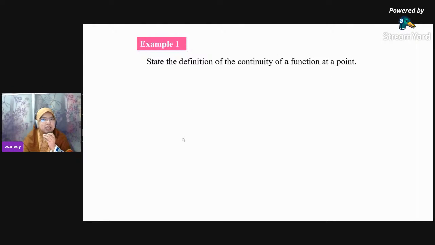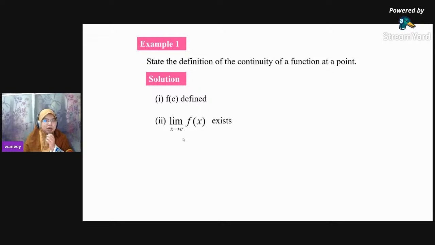Okay, so example 1. State the definition of the continuity of a function at a point. So simply state the definition. The first one, f(c) is defined. That means we get some value if we substitute the value of c inside our function. The second one, the limit for x approaching c for f(x) must exist.